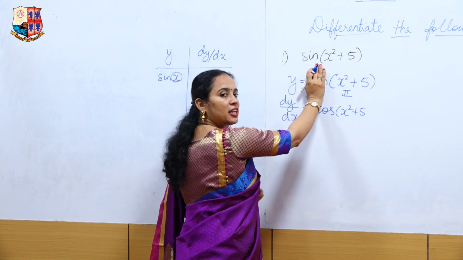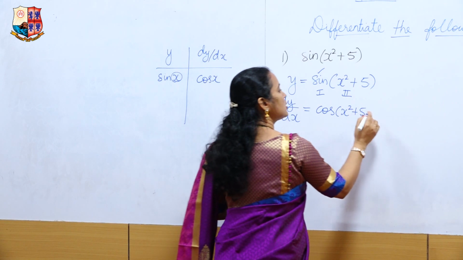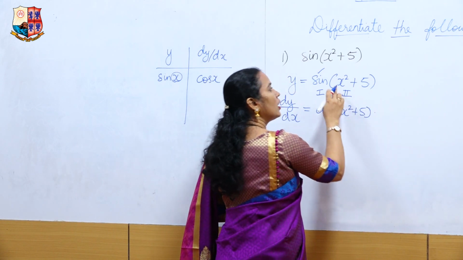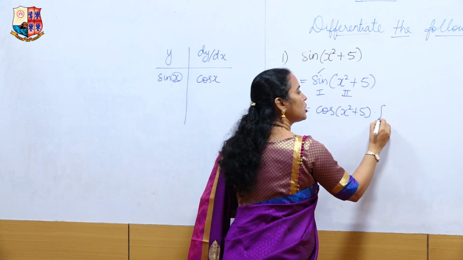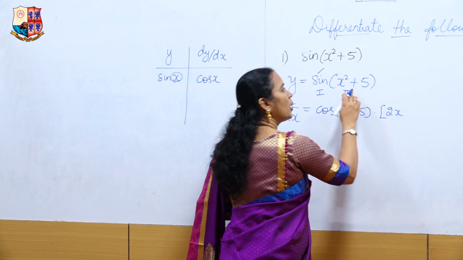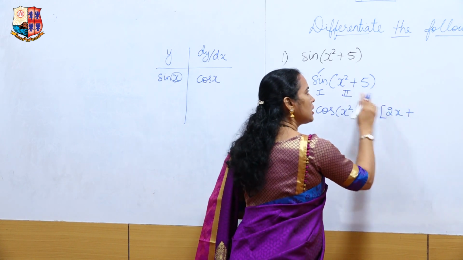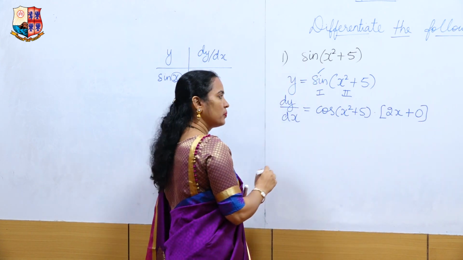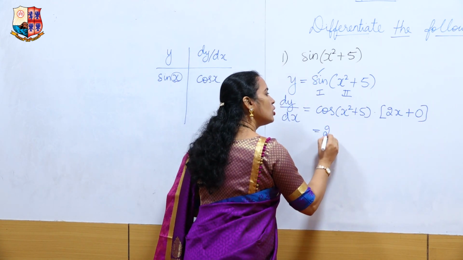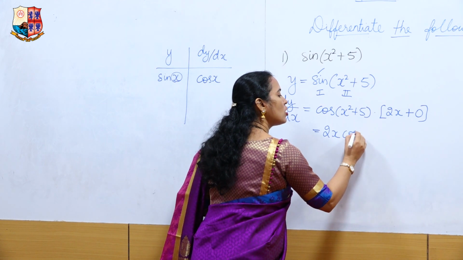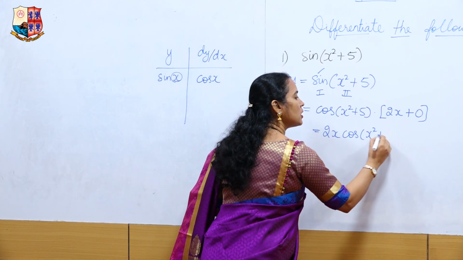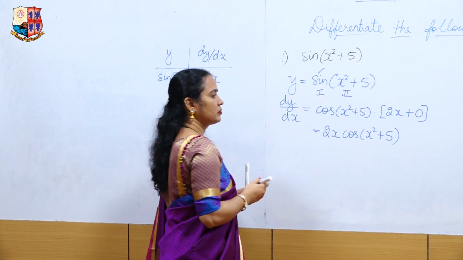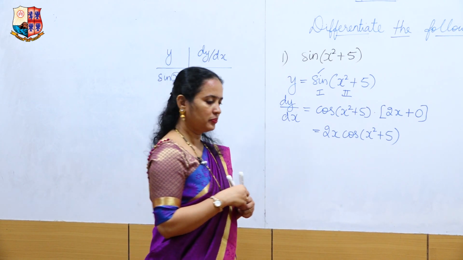Now, differentiate x square plus 5. Into x square, when you differentiate, you will get 2x, plus, write it as it is, 5 when you differentiate 0. So, your answer is 2x cos of x square plus 5. Note it down.